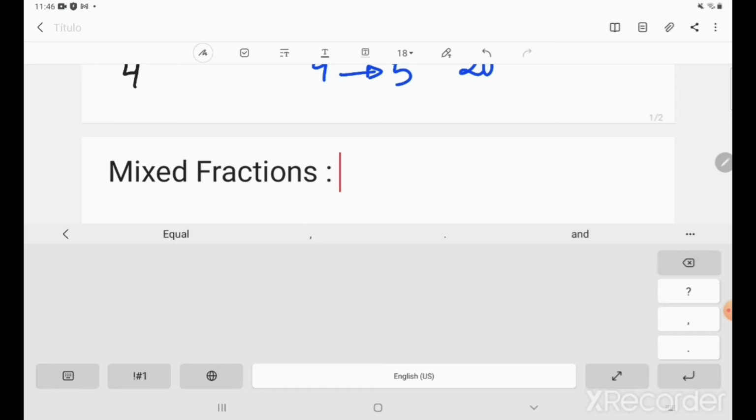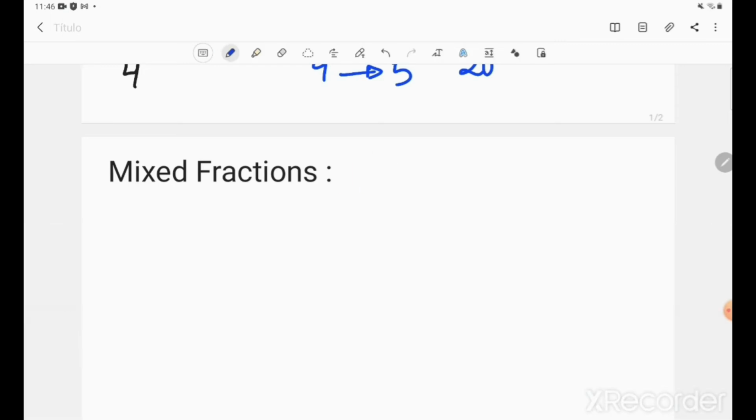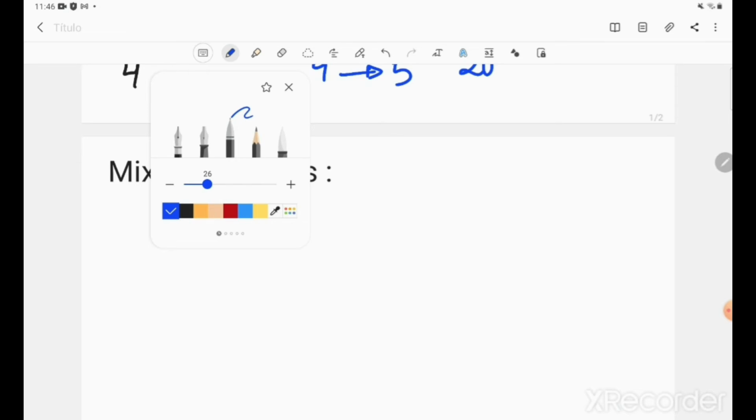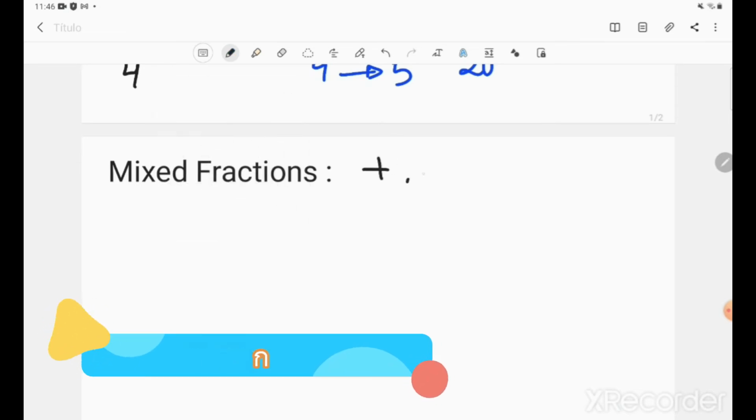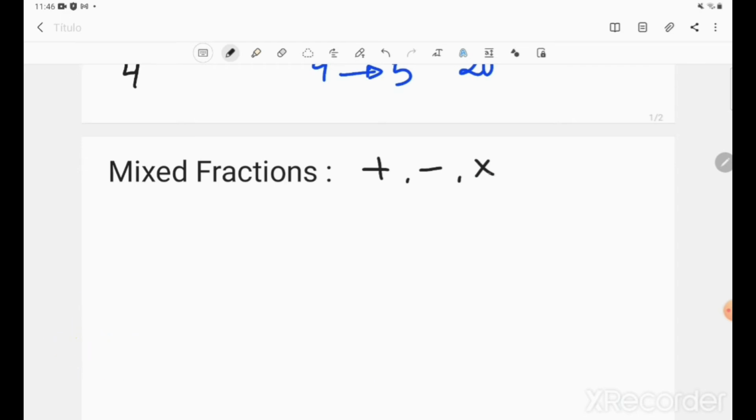Well, I'm going to write by myself. Addition, subtraction, and multiplication. Okay, what happens when we have mixed operations in fractions? For example, one addition and one subtraction, or one multiplication and one addition.